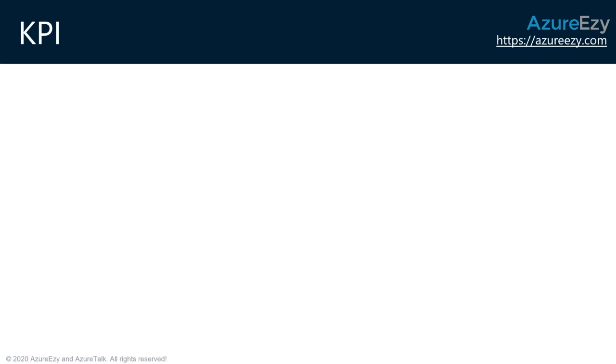Key performance indicators, or KPIs, are defined in business language, or in a user specific context. For example, here we have system health. Now system health can be anything. High CPU utilization can make it a bad system health.